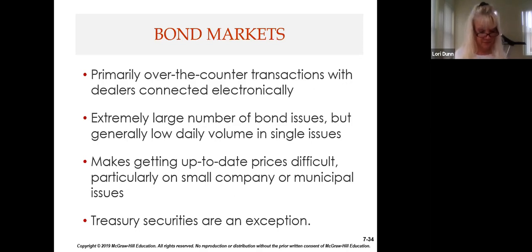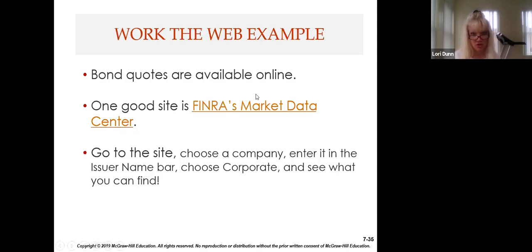And they're to report it through the trade reporting and compliance engine. We're going to take a look at that. Okay, so now it's much easier to see how bonds are selling, what prices, and different information about them.